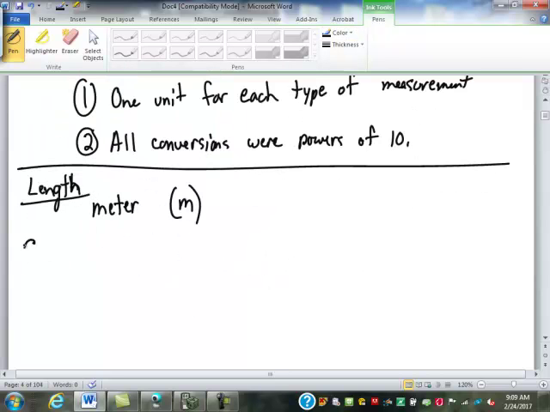For capacity, they use a liter. Now, the liter, I was always taught, when I was in school, you abbreviated the liter with a capital L all the time. The reason that I was taught that was back at that time, the 1 and the small l looked almost identical.